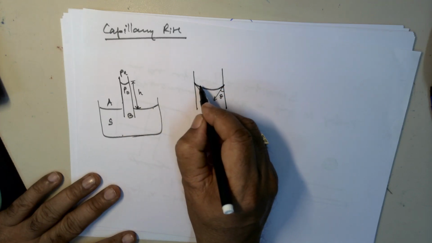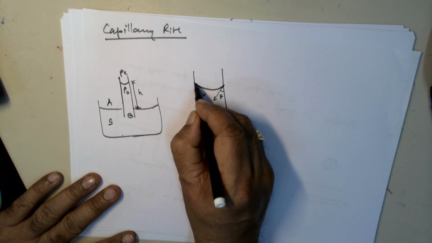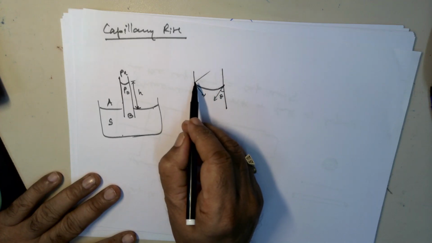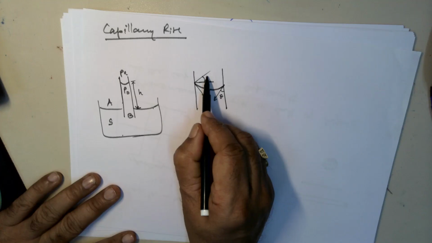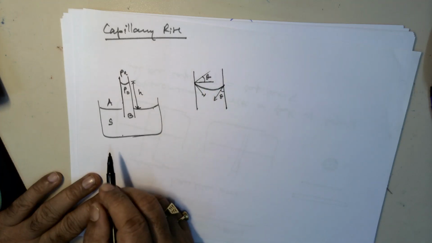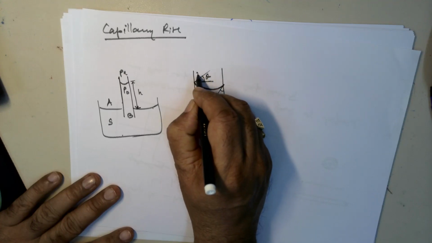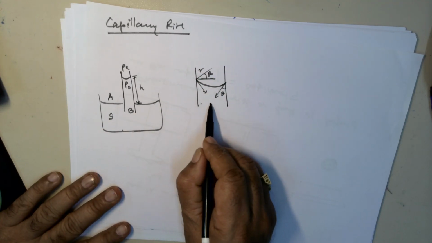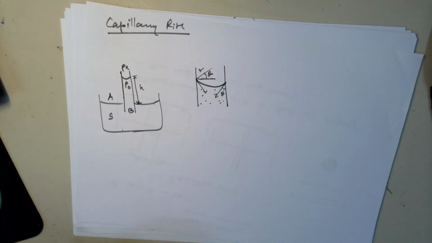Draw a perpendicular to this angle. This is the apparent level, and in between you have theta. This is supposed to be R. Here, these are all the liquid column.